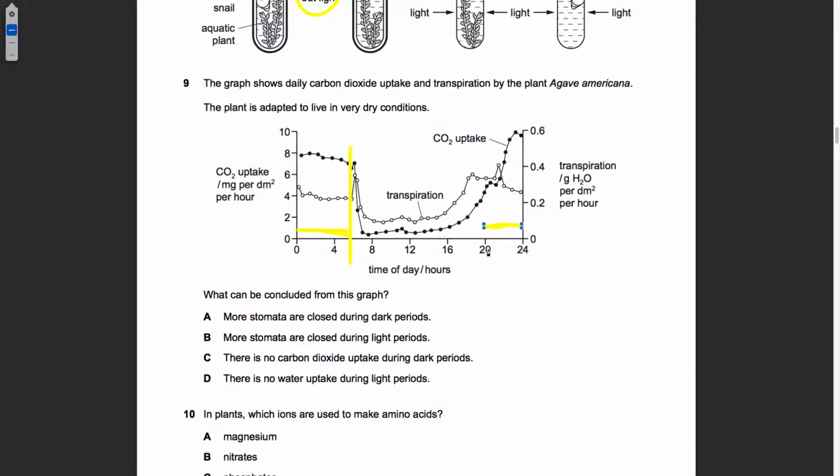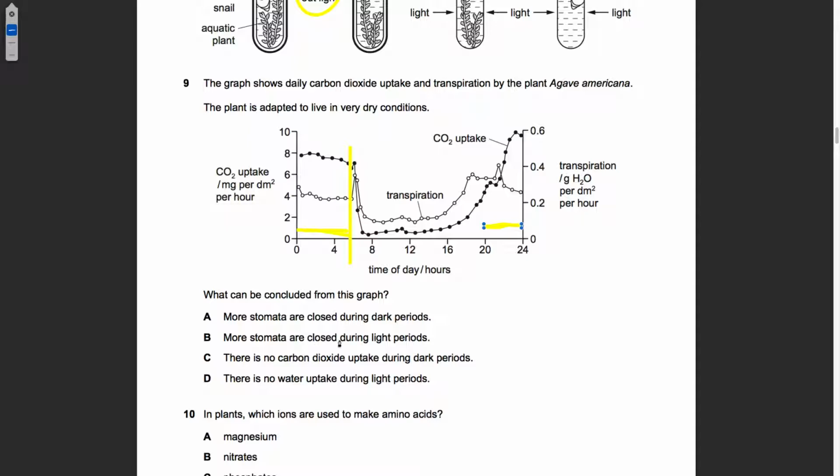So when it says more stomata are closed, let's see what's going on. We've got quite high water loss. And we've got quite a lot of CO2 being taken up because both these lines are highest on the graph at the times when we would think it would be dark. Now that would suggest they're not closed because water can get out and CO2 can get in. Okay, so A doesn't look quite right to me.